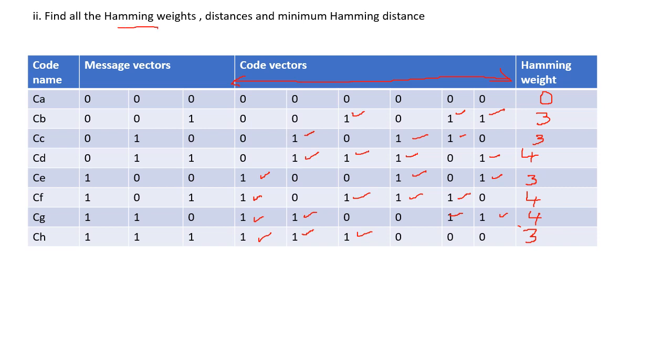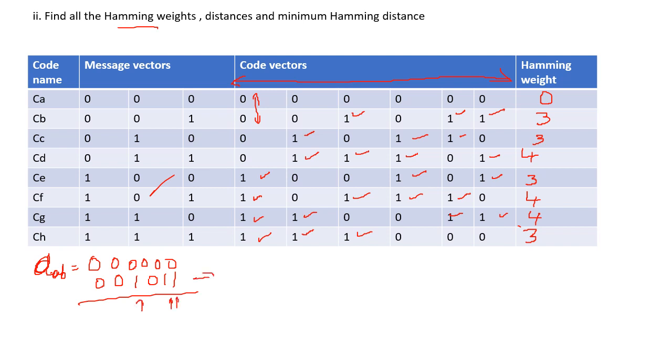Next, to find the Hamming distance, we can find the distance between CA and CB and write it as DAB. It is nothing but the number of bits in which they differ. So we compare these two codes: 0, 0, 0, 0, 0, 0 and 0, 0, 1, 0, 1, 1. The number of bits that differ is 1, 2 and 3.